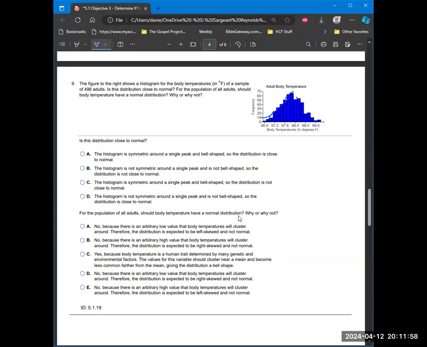It looks like it has a single peak that looks like it's both the mean and the median and the mode, that happens most often. So it looks like it meets the criteria for being a normal distribution. The histogram is symmetric around a single peak and bell-shaped, so the distribution is close to normal.